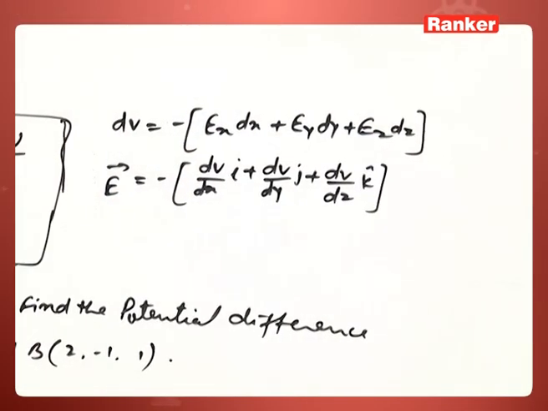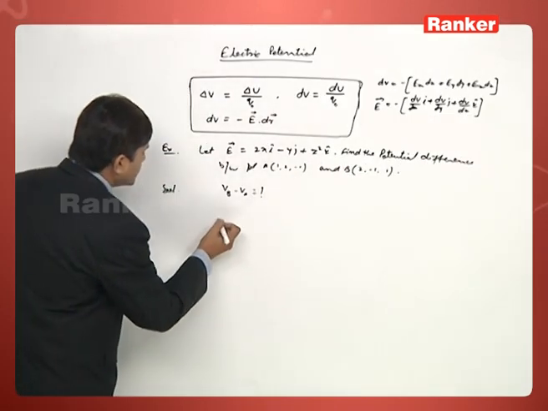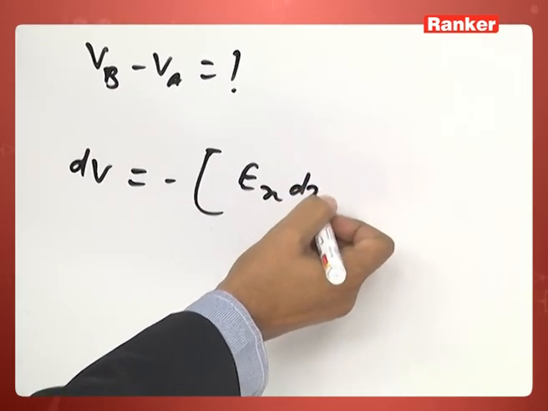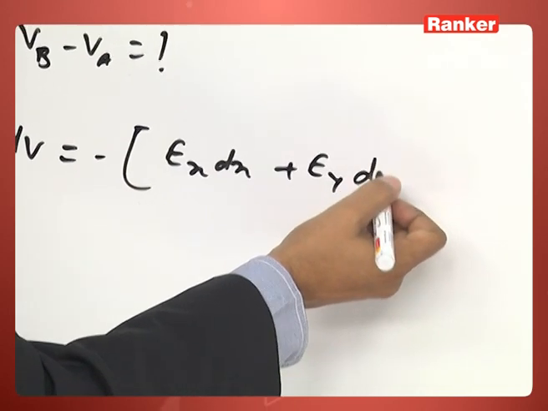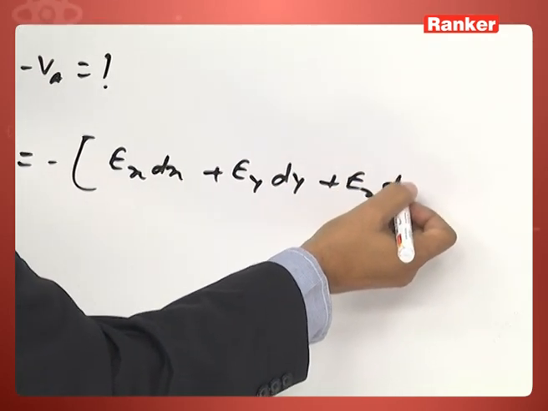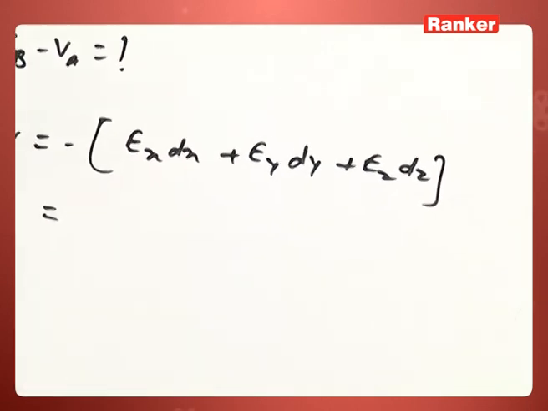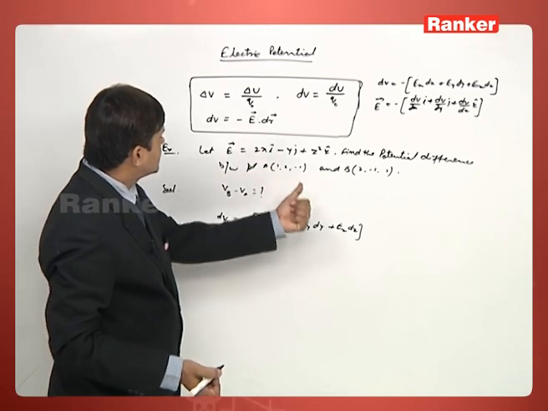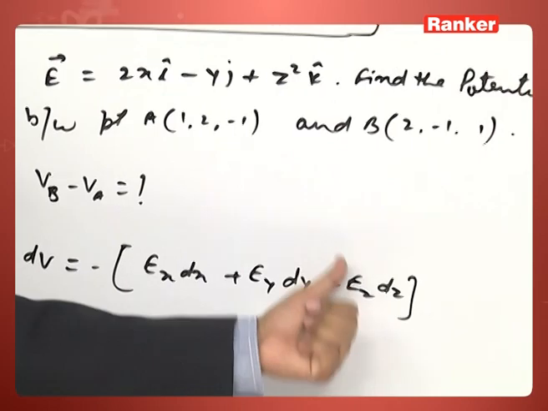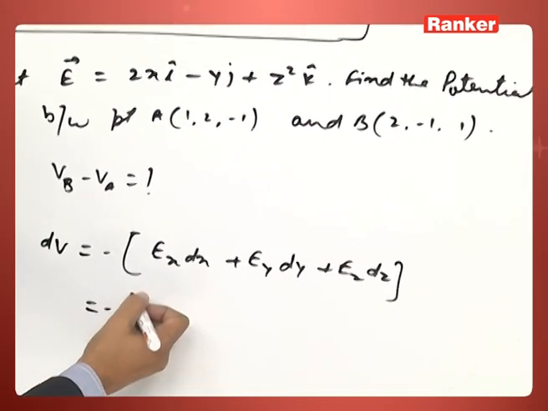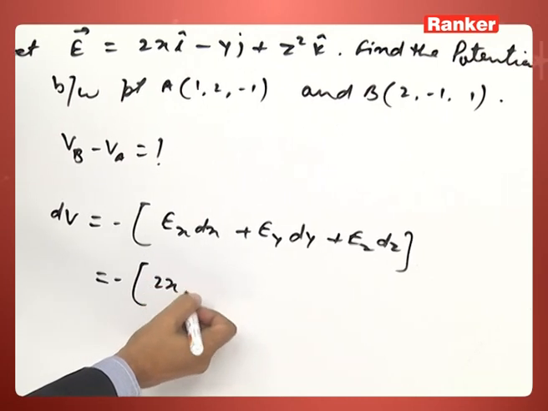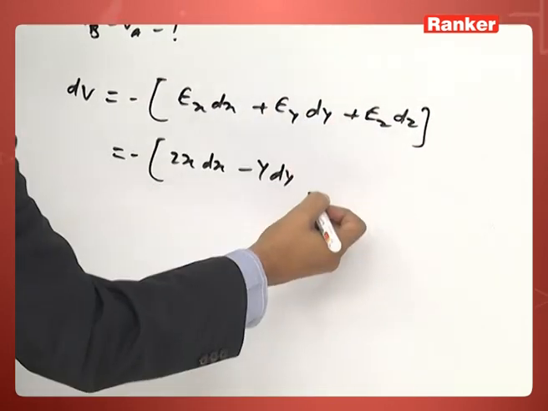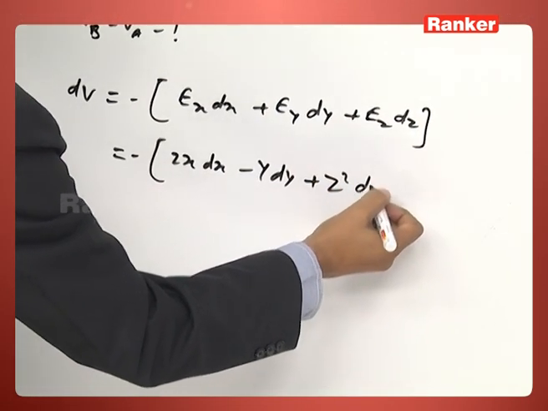See, because electric field is variable, so we can use dV. dV is minus of Ex dx plus Ey dy plus Ez dz. Now substitute the coefficient of electric field along x direction, that is 2x here, and Ey here minus y, Ez here z square. So then we can substitute here 2x dx minus y dy plus z square dz.